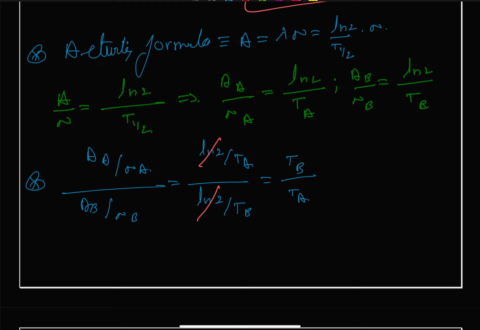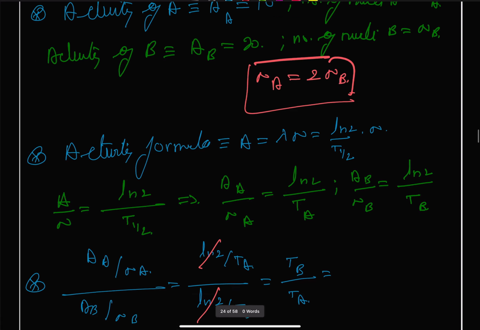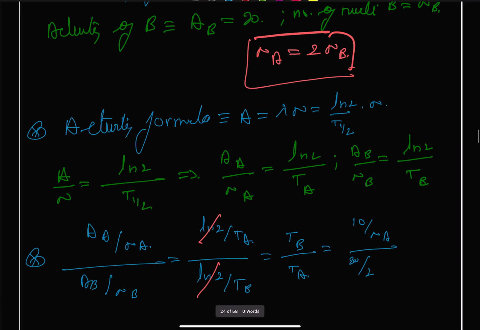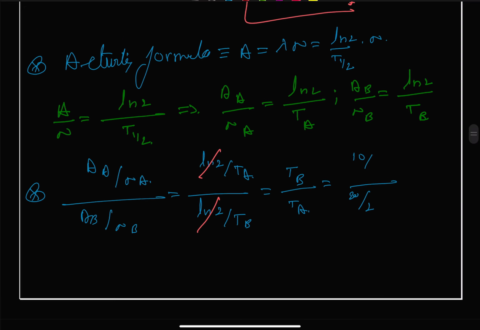We already know the activity of A is given as 10, so this becomes 10, and N_A divided by, B is 20, and N_A is 2 times N_B, divided by N_B. And here N_B and N_B cancel out, and this comes as 1 upon 4.